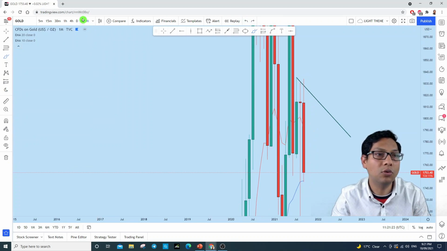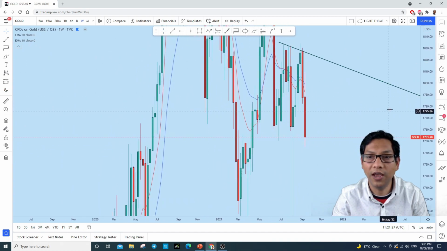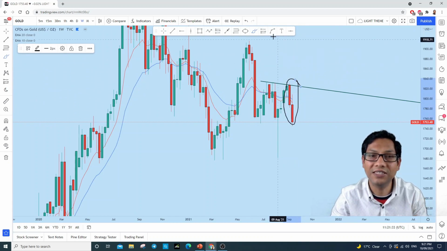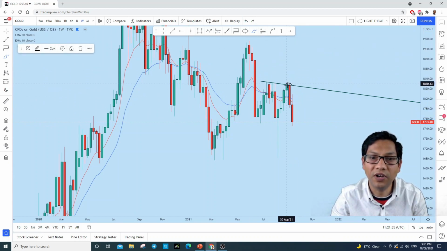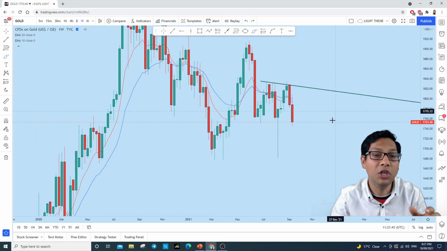Now let's go down to the weekly time frame to see what kind of opportunity we have. On the weekly, the previous back-to-back two weeks' candles are strongly bearish. After this bearish engulfer, the price retraced a little bit and then dropped again.